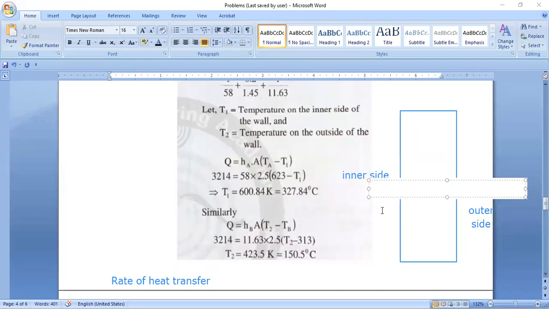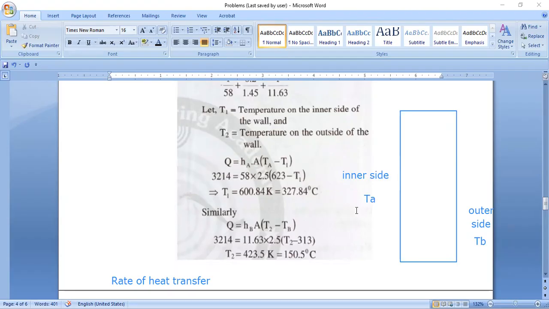This is the TA and this is the TB. See, inner side TA and outer side TB.